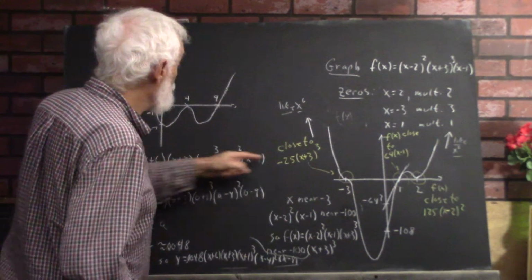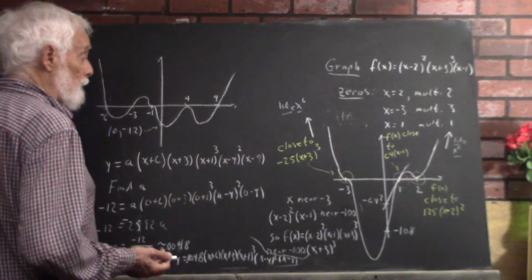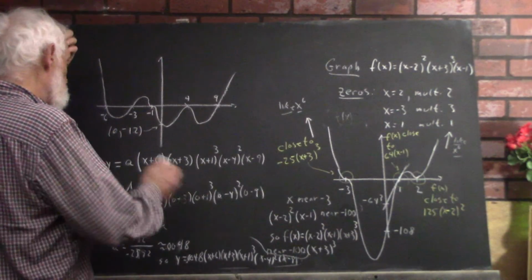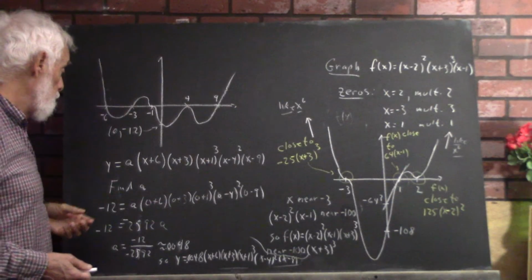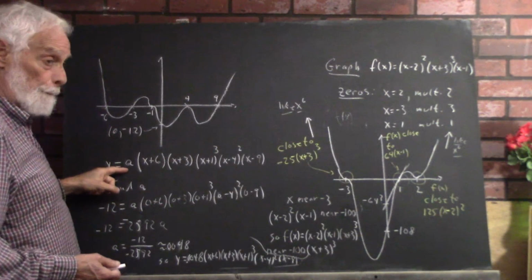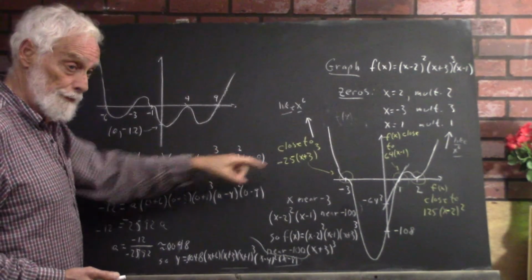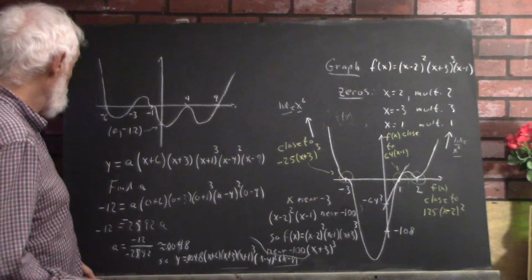It's going to be some multiple of all this. Now, what's the multiple? Well, you can tell that from the y-intercept. We're going to find it very easily from the y-intercept. The multiple we're going to call a. So it's some number a times all this. So we want to find a. It's easy to do.